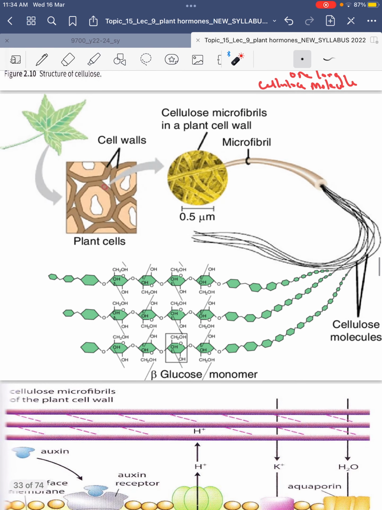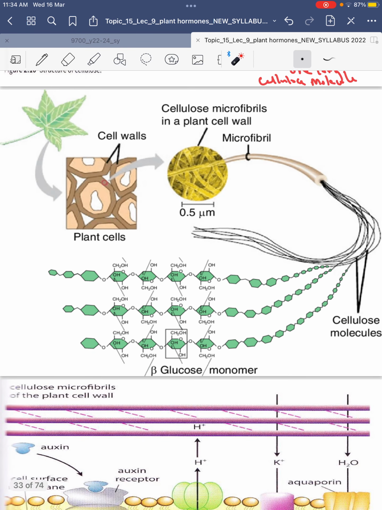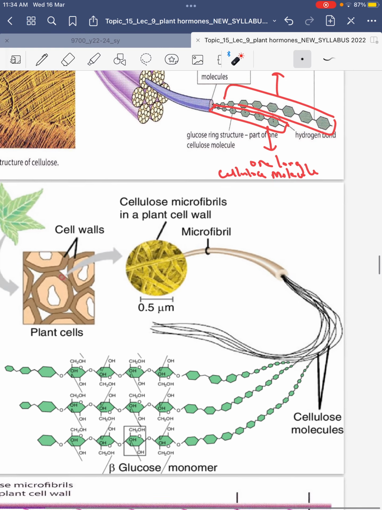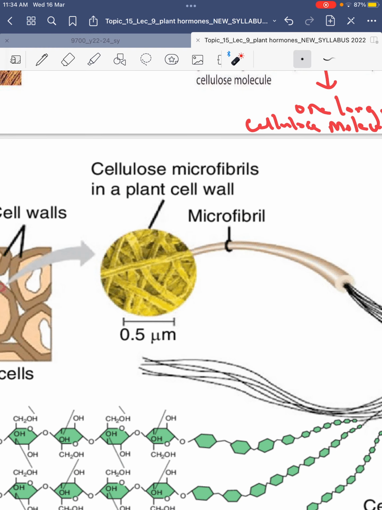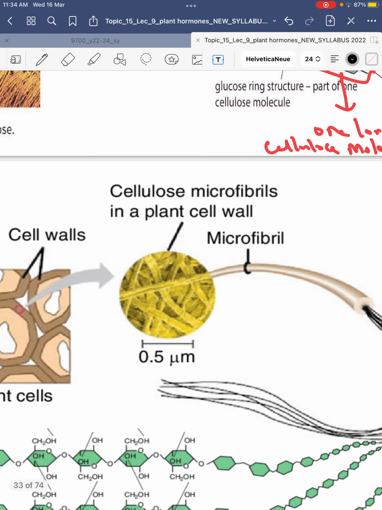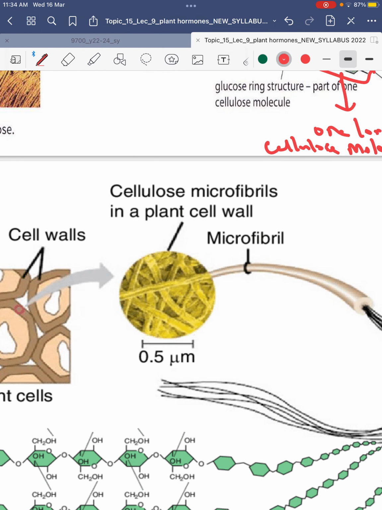Right, this is taken from the internet. I was looking for the best image for the cellulose cell wall, and I could only find this one. So this is a microfibril, and here you already have lots of microfibrils.